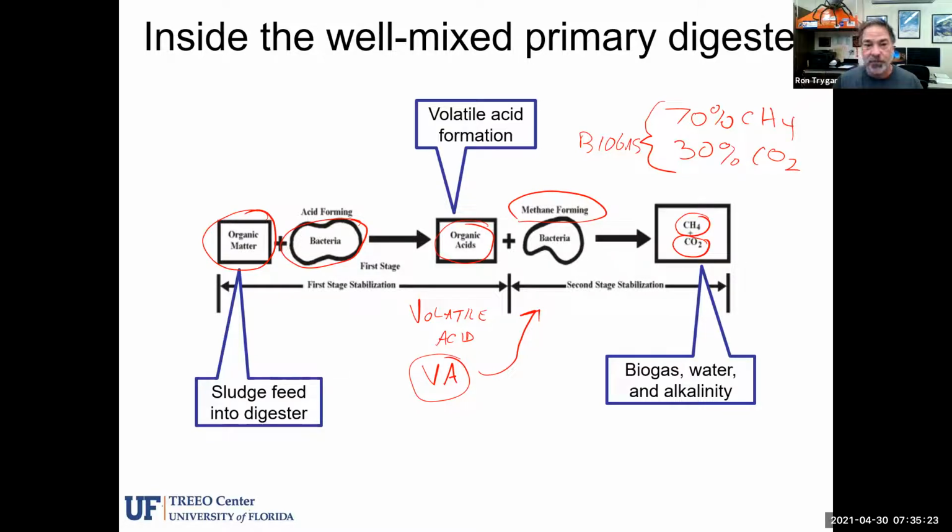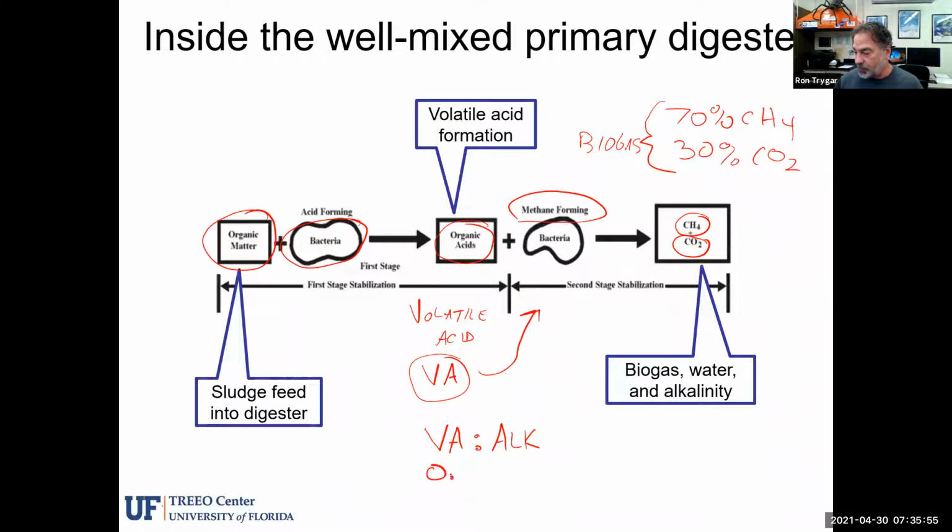The alkalinity is formed by the methane formers and helps buffer this volatile acid. So what I'm going to talk to you about today is a ratio of volatile acid to alkalinity. And we're going to use those numbers from our laboratory results to gauge what's going on in the tank, or in the primary digester. So a proper operating range, or proper amount of volatile acid to alkalinity, would look something like this.